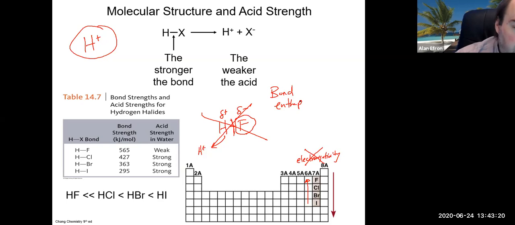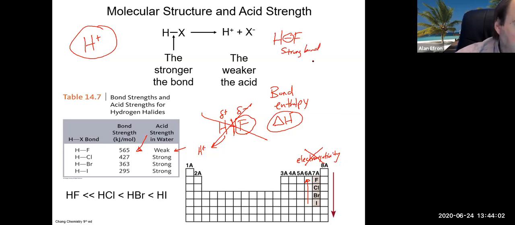Perhaps you remember delta H, right? Bond enthalpy: all the bonds making, all the bonds breaking, products minus reactants, and you get your bond enthalpy or energy. And it's the bond strength which is the overwhelming thing you want to look at when you're comparing acids that do not contain oxygen. So when we look at bond energy in this table, what we see is that the strongest bond energy is actually in HF, which means the bond between H and F is a really strong bond.